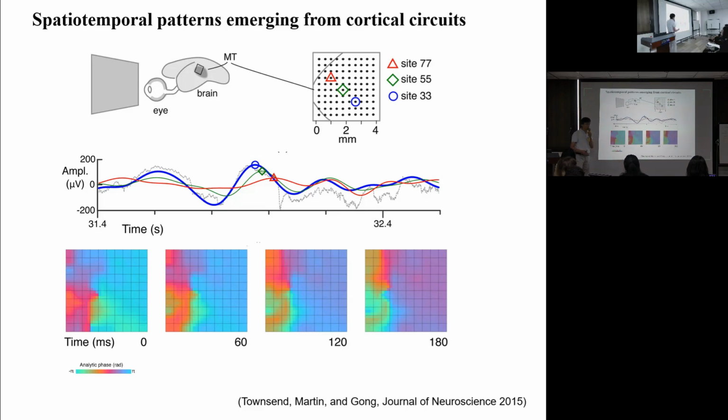As soon as you have oscillations, you can detect the phase of those oscillations. Phase is important because it tells you the timing, where your oscillation is at that moment. Based on the detected phase values, we can get this sort of phase map across the 4 millimeter by 4 millimeter Utah array.